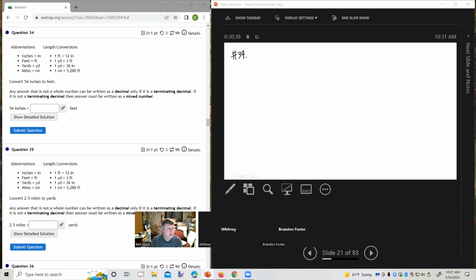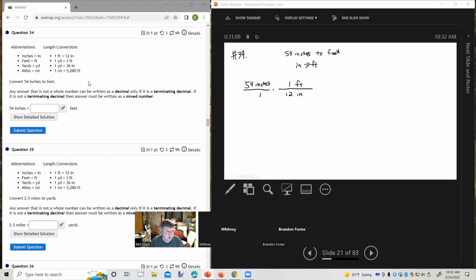It says convert 54 inches to feet. All right, so 54 inches to feet. I can go straight from inches to feet. So there's my road map. So 54 inches. I need inches on the bottom and feet on the top. 1 foot is 12 inches.